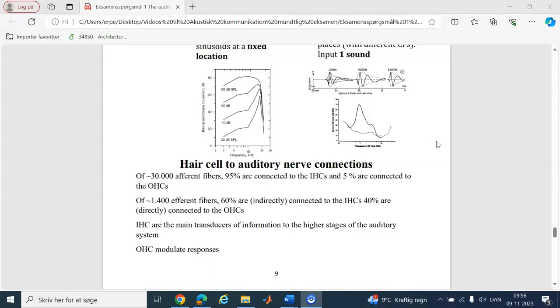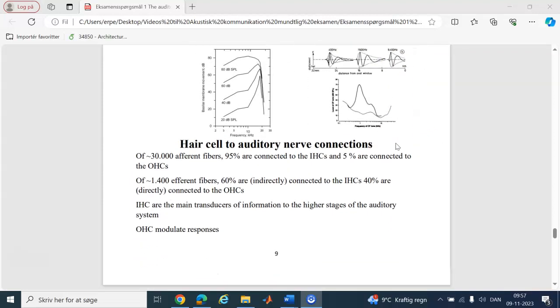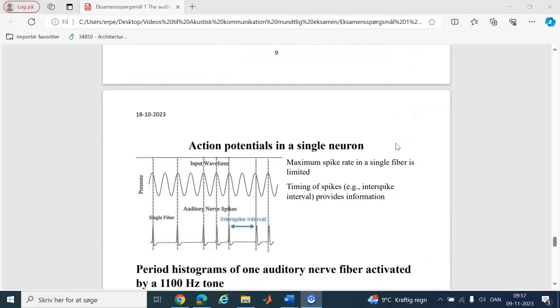Inner hair cells are the main transducers of information to the higher stages of the auditory system, and outer hair cells modulate responses.